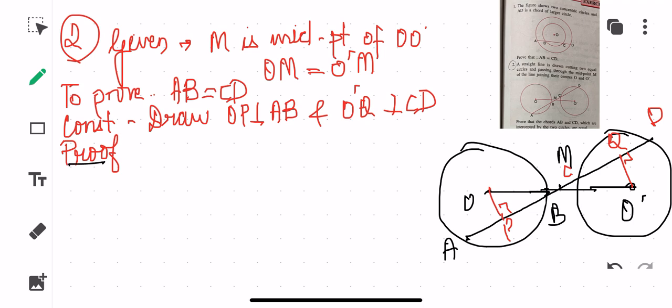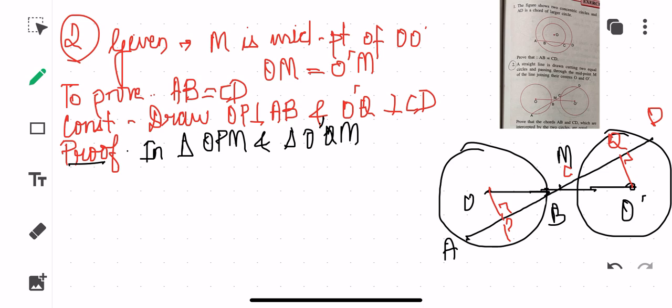Alright, so write down in proof, in triangle OPM, not OPB, children, OPM and triangle O dash QM. Okay, this is O dash QM.